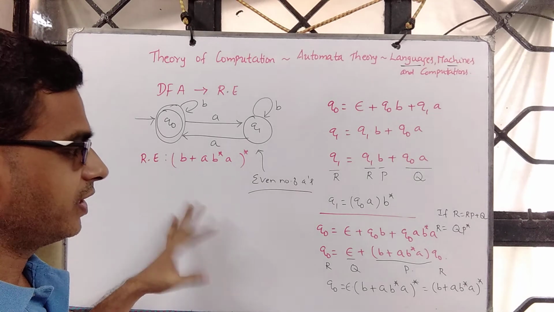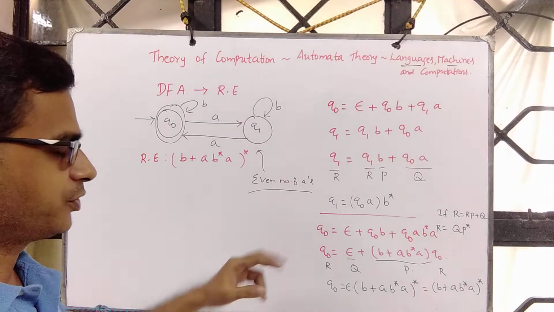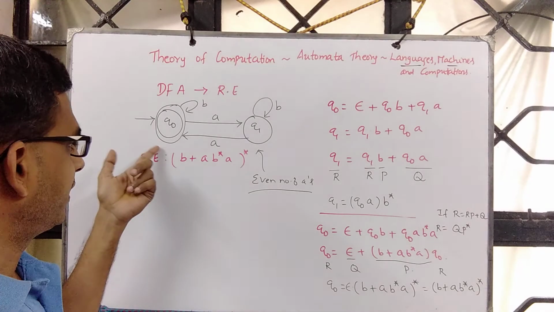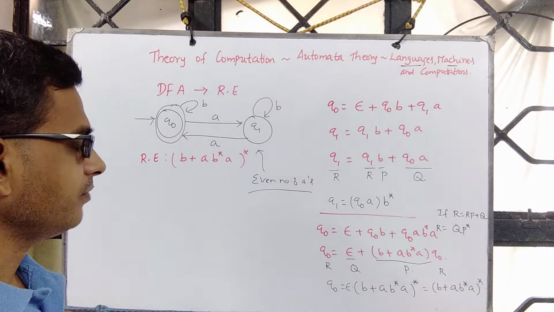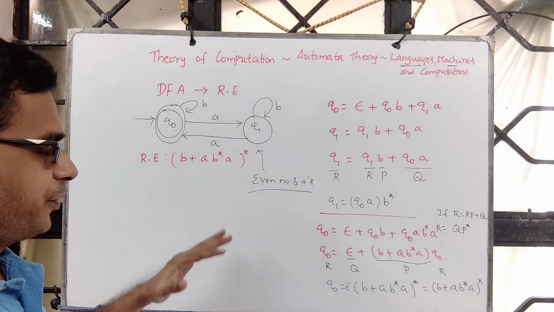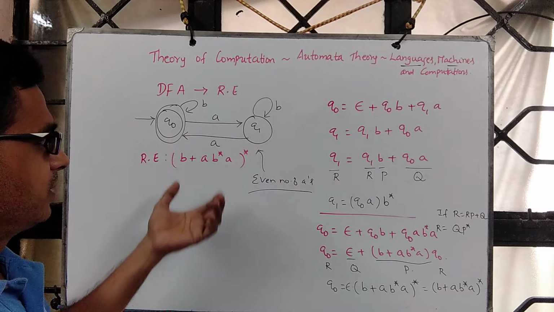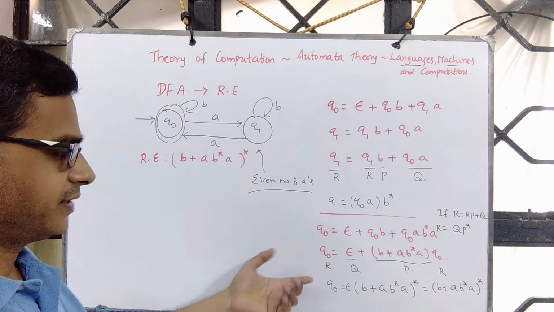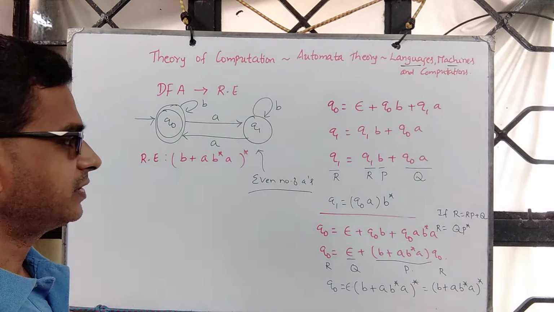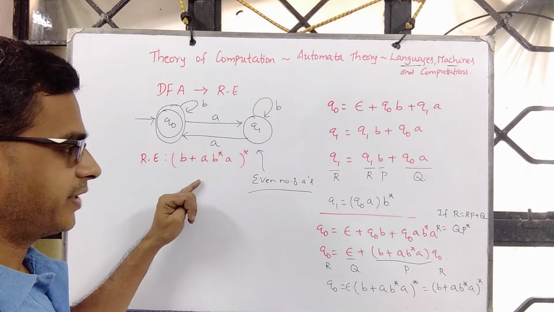So one has to see in what order one should proceed, so that we get solution to the equation Q naught. Now this was the point. Some of the questions may be a little tricky. For that, a procedure like this shall definitely help us in obtaining regular expression.